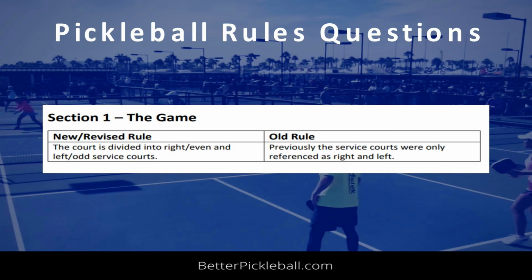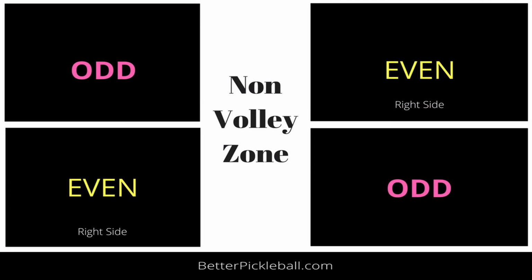So if you're like me and you don't always know your right from left, you may have difficulty with this one. But now in the new rule book, this has been clarified a little bit. So the court is divided into right and left, odd and even. And if we look at a pickleball court, that's exactly what it's going to look like. So the right side is the even side. The left side is the odd side.